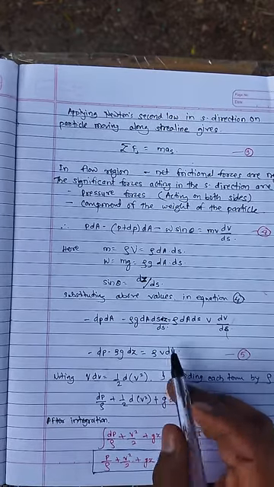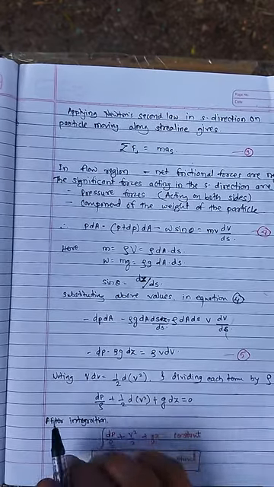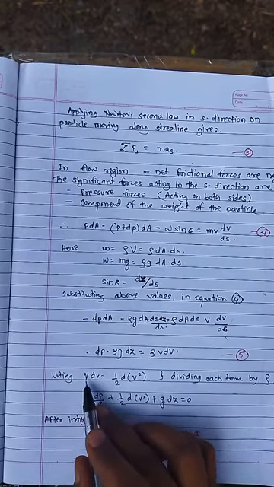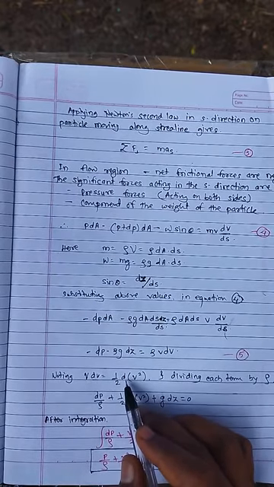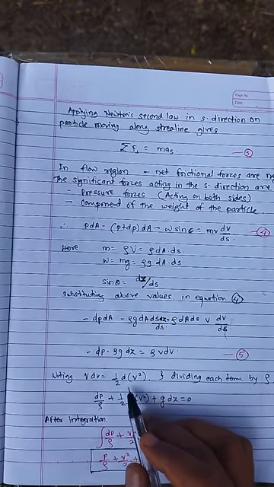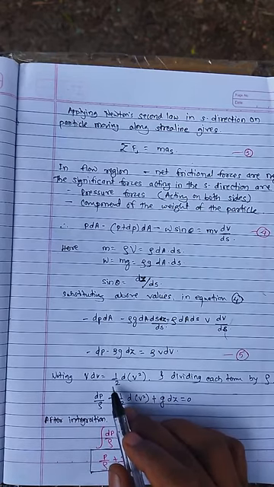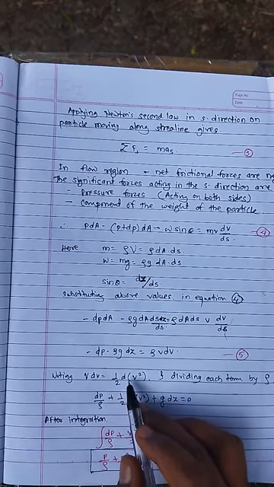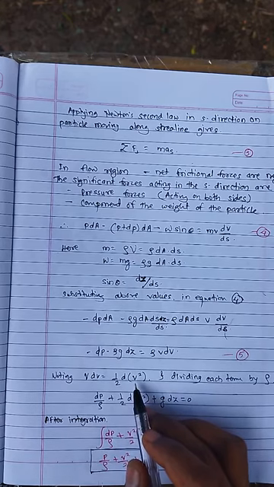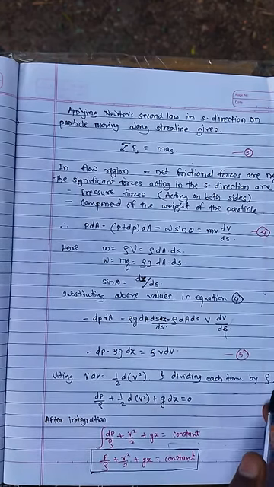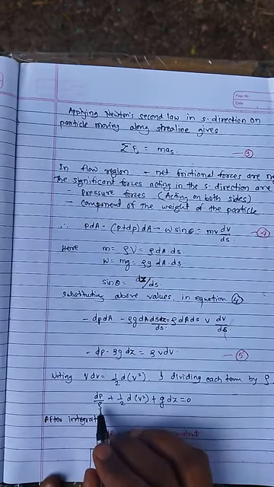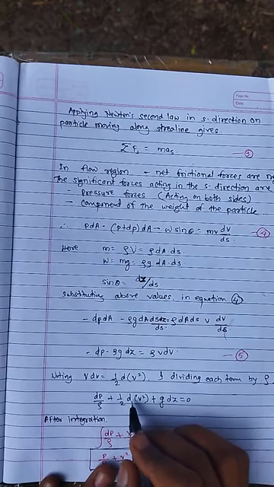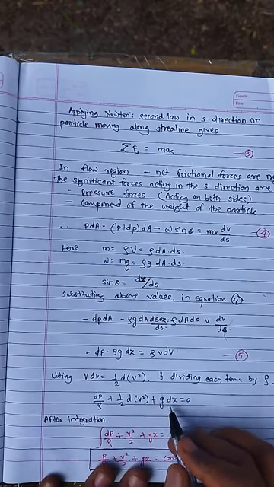Now dividing this equation by rho and noting that v dv is equal to half d of v square, we are changing the differential. So v dv is equal to half d of v square. Dividing each term by rho, we get dP by rho plus half d of v square plus g dz is equal to 0.